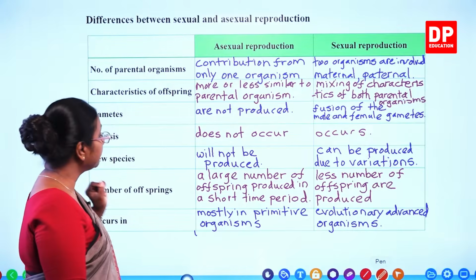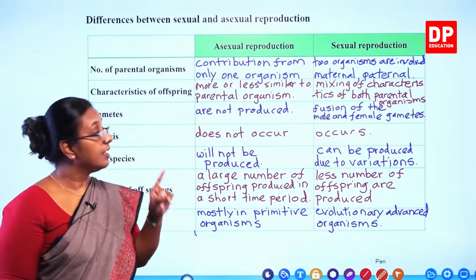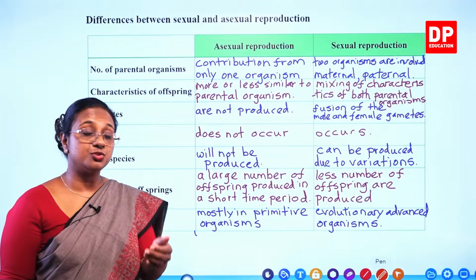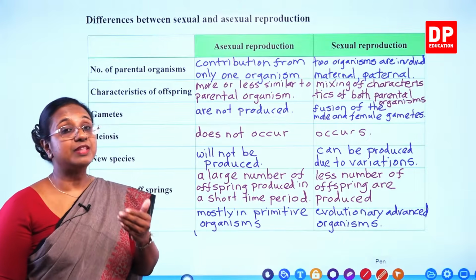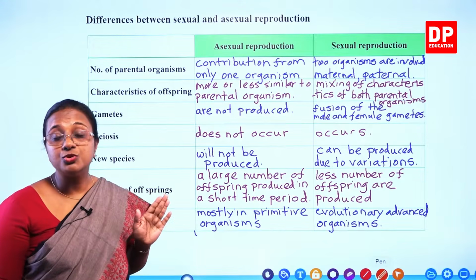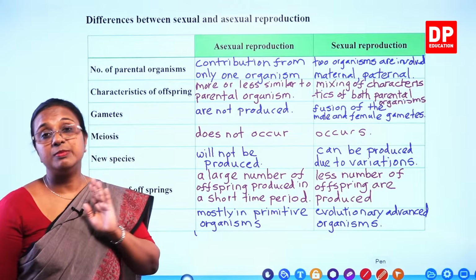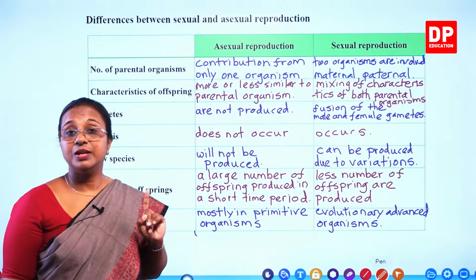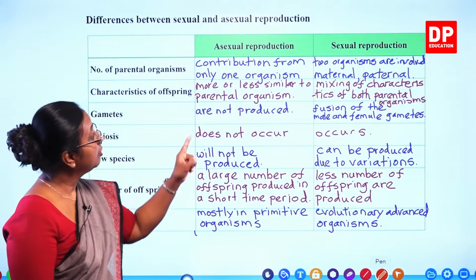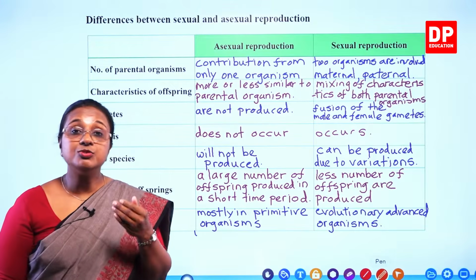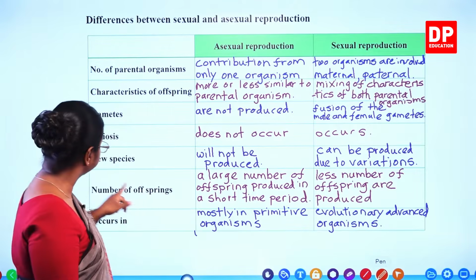Then if we consider the formation of new species, because there is no meiosis, there is no mutation, there is no variation, because of that new characteristics are not produced, therefore there is no chance of new species being produced. So, new species will not be produced during asexual reproduction. Whereas in sexual reproduction, new species can be produced due to variations.